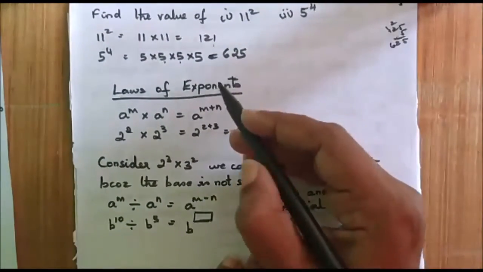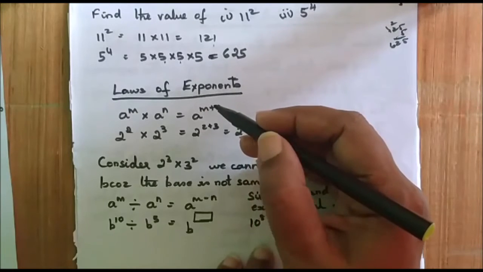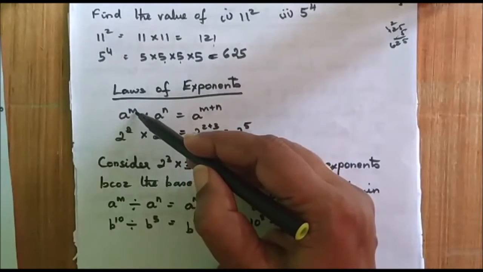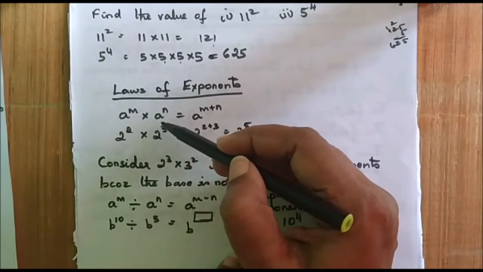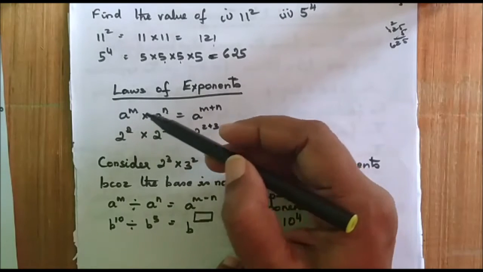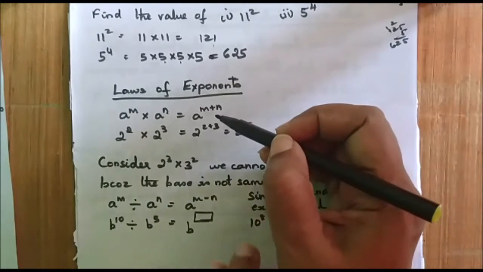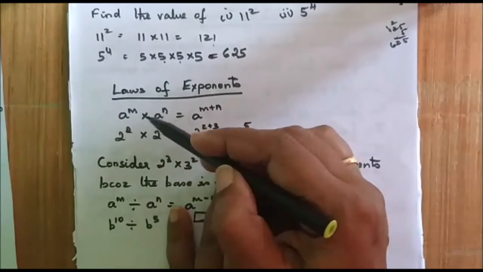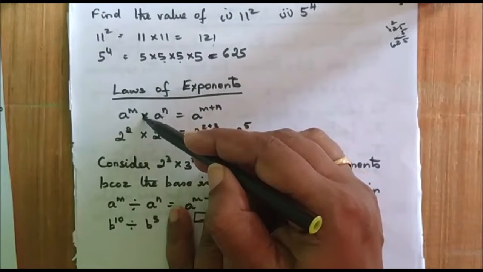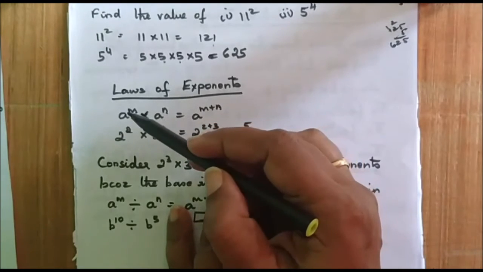Okay. Now we'll go to the laws of exponents. If a raised to m is multiplied by a raised to n, it is written as a to the power m plus n. That is, when both the bases are the same and you multiply them. It's a very important one.